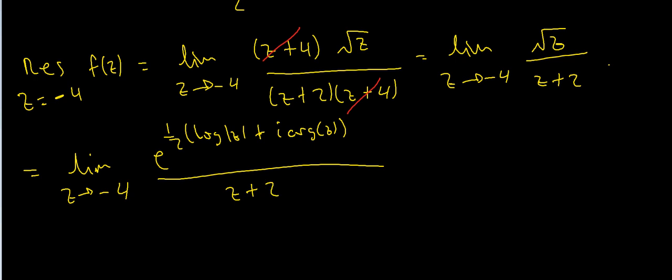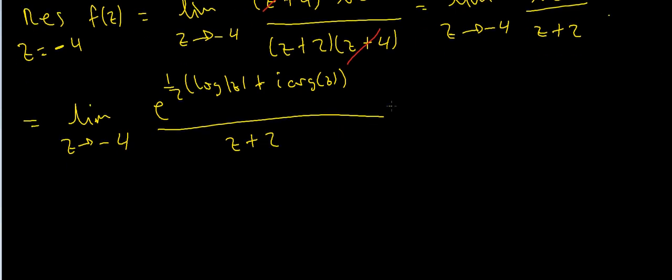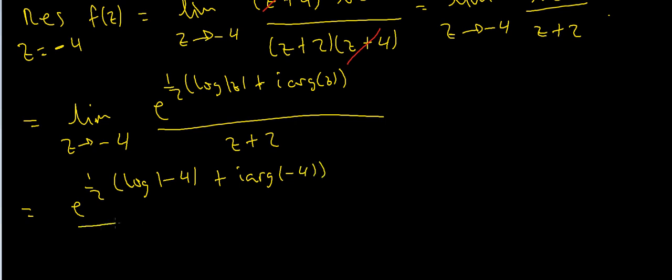So now I'm going to plug in z equals minus 4, and what do I get? I get e to the 1/2 log of 4 plus i times the argument of minus 4, all divided by minus 4 plus 2.